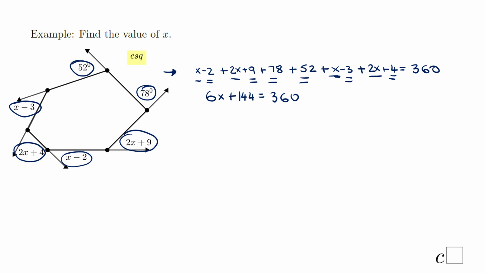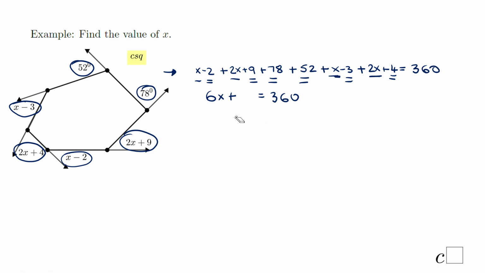Negative 2 plus 9 plus 78 plus 52 minus 3 plus 4. Oh, I'm so sorry. I think I got 138.